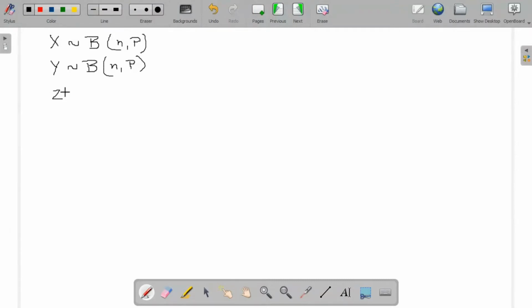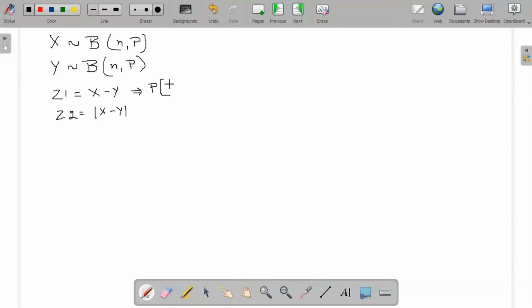We need to find the distribution of Z1, which is equal to X minus Y, and Z2, which is equal to mod of X minus Y. We need to find its PMF.